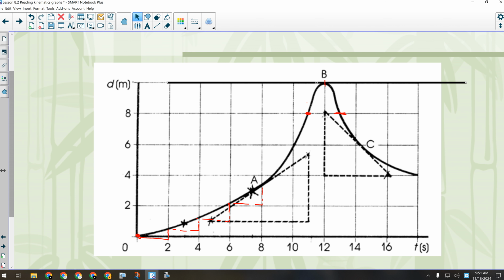That's why the two halves of this motion here are mirror images of each other. The acceleration due to gravity is the same when the object is moving up and when it's moving down. Gravity always accelerates objects at 9.81 meters per second squared.